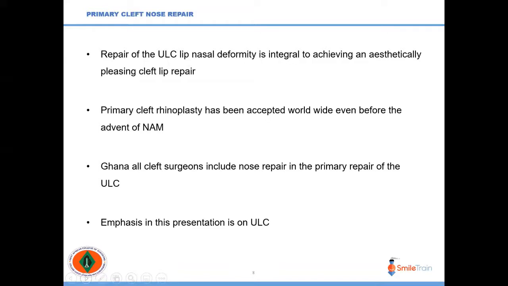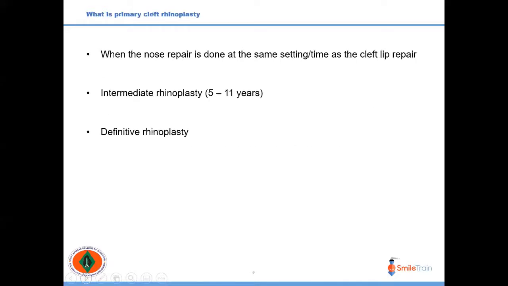The emphasis in this presentation will be on the unilateral cleft. Now, we may then ask, what is primary cleft rhinoplasty? Primary cleft rhinoplasty basically has to do with the time of the nose repair.